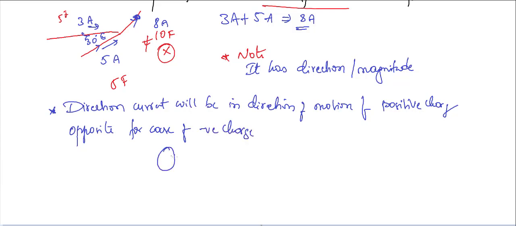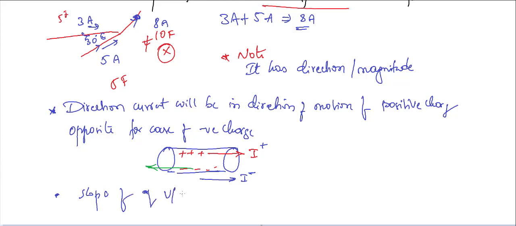Suppose I consider a cylinder, and this is the positive charge and this is the negative charge. If the positive charge is moving in this direction, the current direction will be in the same direction. Similarly, if the negative charge is moving in the opposite direction, the current will be opposite to that direction. This will be I plus, and this will be I minus.